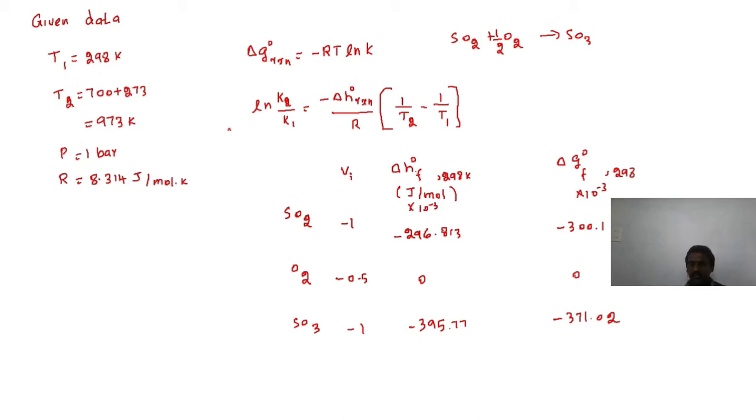Once the data are tabulated, we must know delta G naught of reaction, that is nothing but delta G naught of reaction equal to the summation of nu i delta G i F naught at 298 Kelvin.